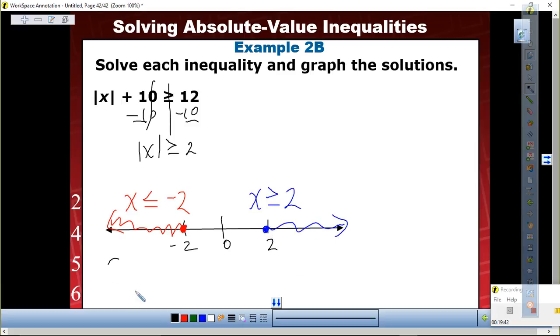Solution set. Hands if you got that by yourself. Bam. That is correct. All right.